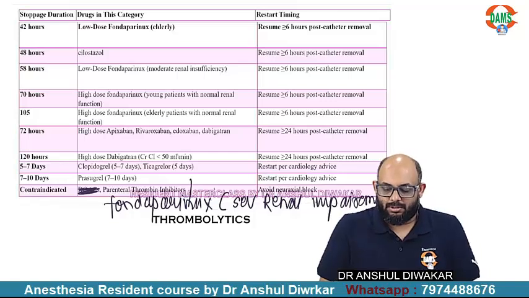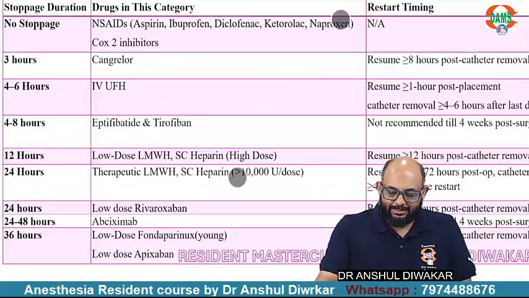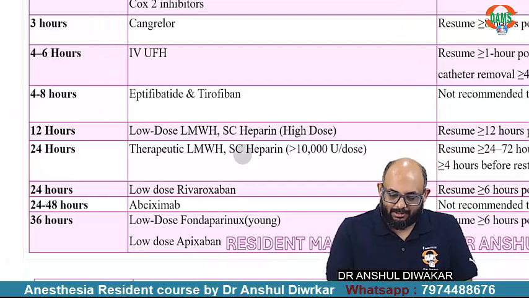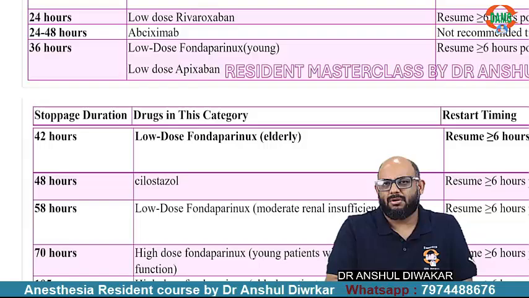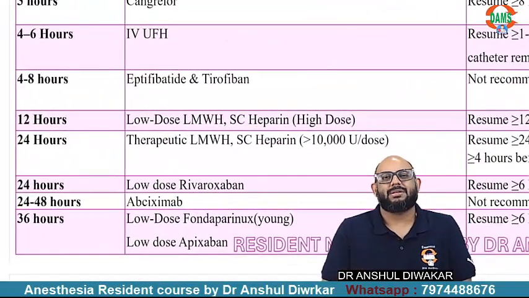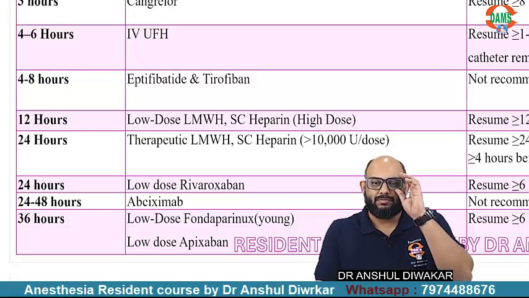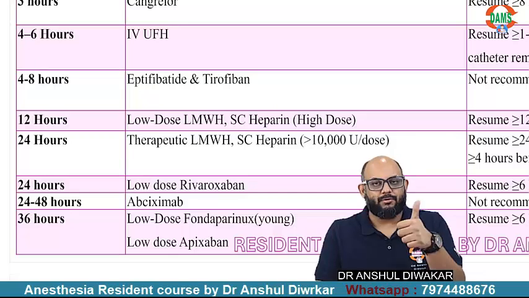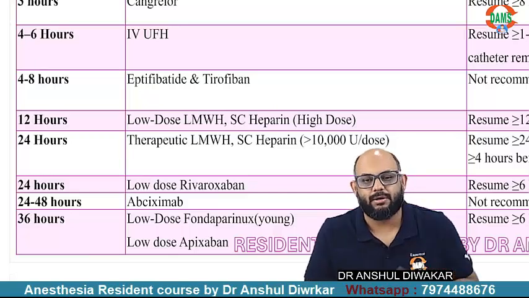Now you might be wondering, sir, what is this, or what have you written? So see, the less important ones, like fondaparinux, not very important, cilostazol not very important, then you have cangrelor, not very important. See, most of the time the idea would be the anticoagulants, which is your rivaroxaban, your apixaban, your edoxaban, and your dabigatran.